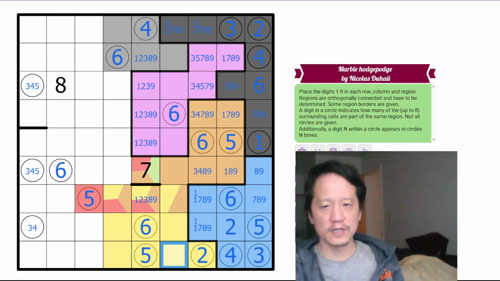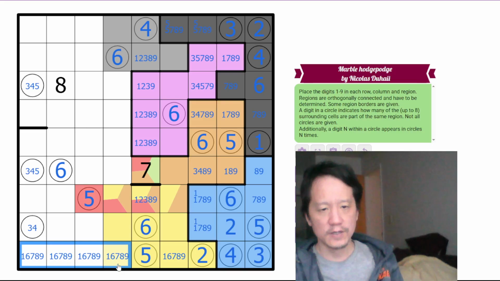Remaining digits in row 9 are 1, 6, 7, 8, 9. But this can't be 6. This can't be 6 because it's in the yellow region.